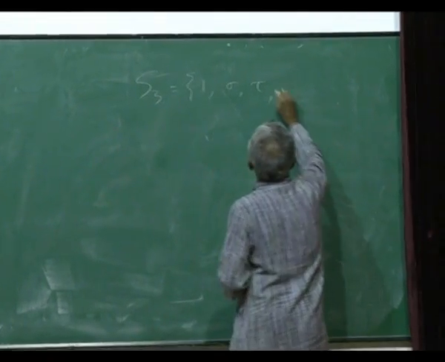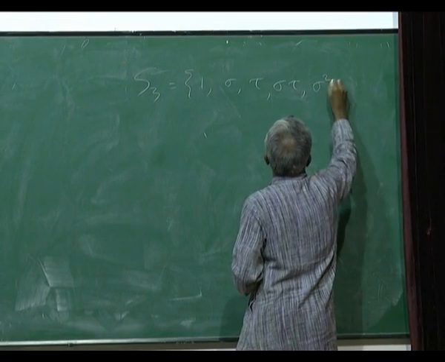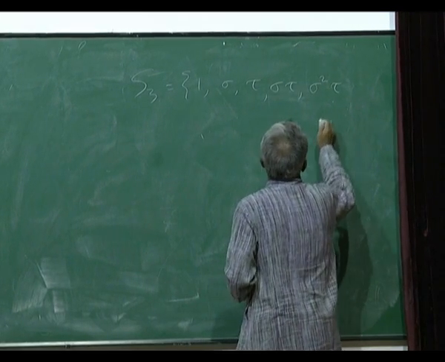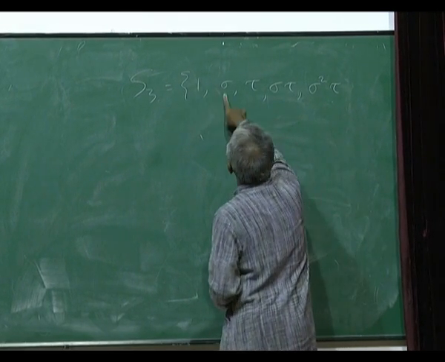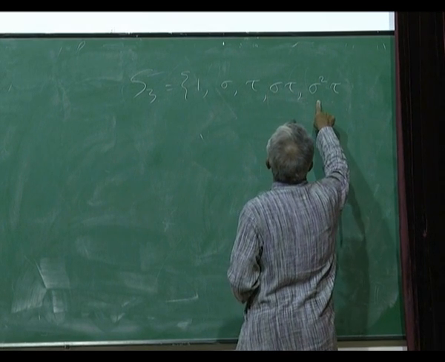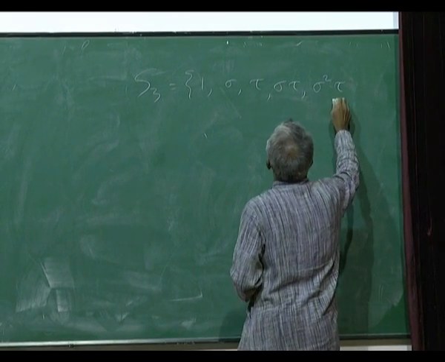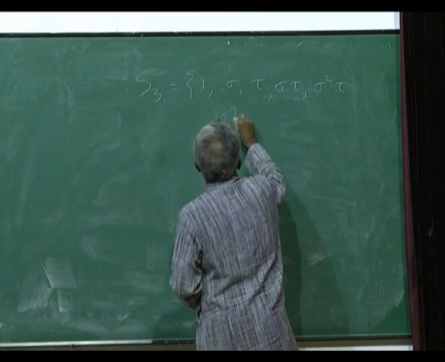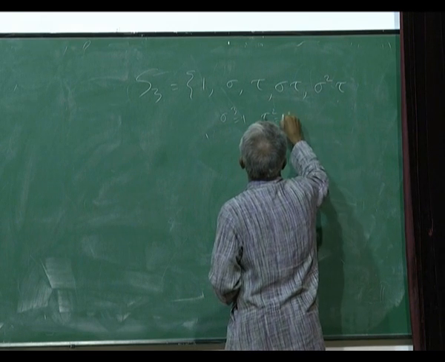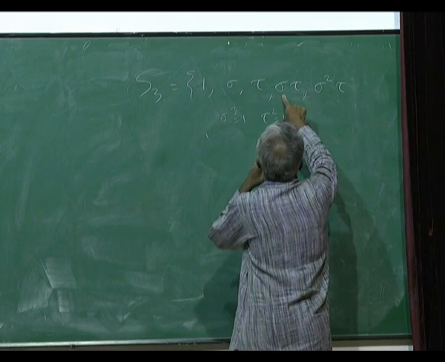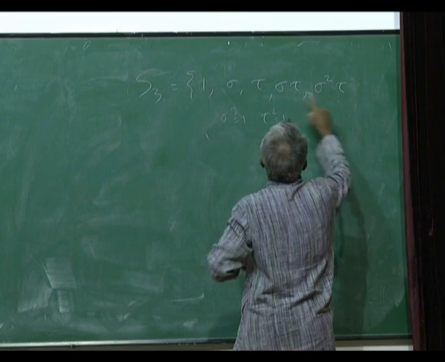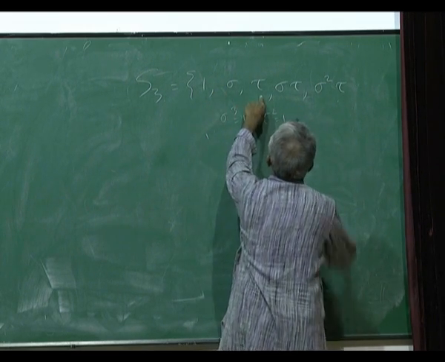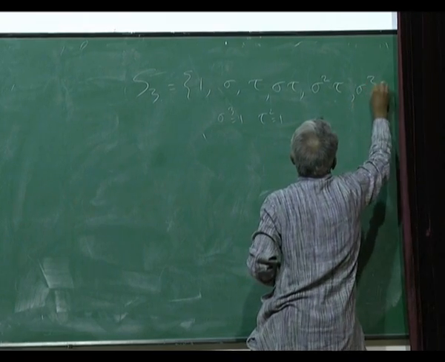So, then sigma tau, sigma square tau. Yeah, I suppose 1, 2, 3, 4, 5, and then, well, this sigma cube is 1, tau square is 1, sigma tau, and sigma square, I left out sigma square.